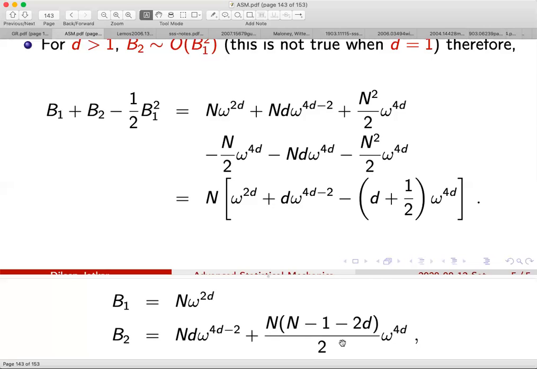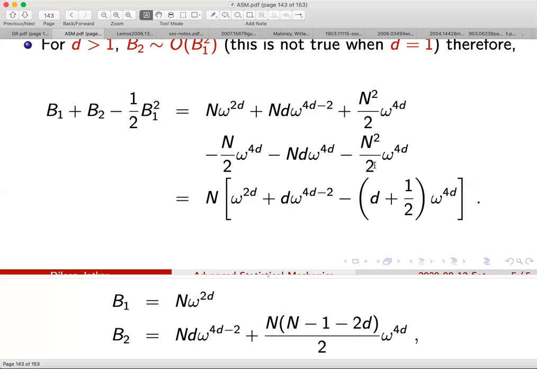Next term is minus n by 2 times omega to the 4d. The last term is nd, these two cancel, nd times omega to the 4d. So these are three terms just expanded, expanding this expression. And the last piece here is b1 squared by 2, which is n squared omega to the 4d upon 2. Okay, so that is the piece.